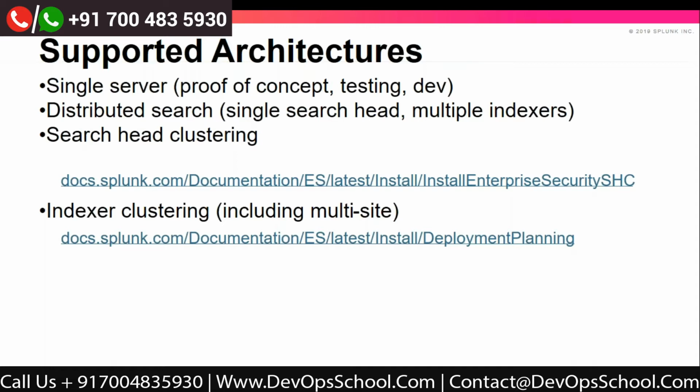If you want to do clustering on search heads, then you require a minimum of 4 search heads so that they can dynamically elect a captain. For indexers, that depends on the replication factor. Say you want to have 2 copies of the data, then you should have a minimum of 3 indexers in clustering.